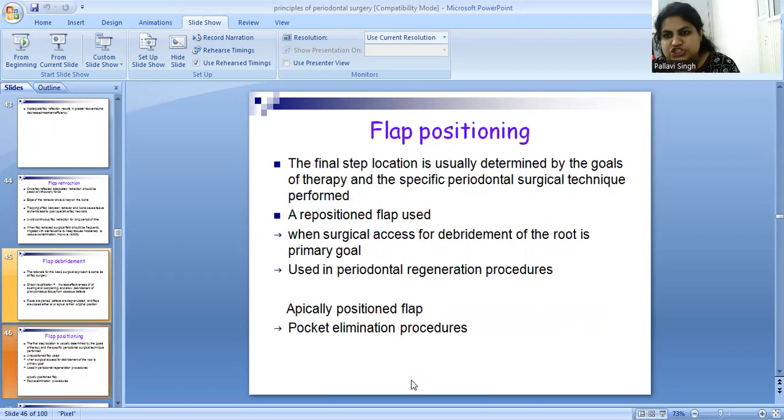Now the flap repositioning. The final flap location is determined by the goals of therapy and the specific periodontal surgical technique. A repositioned flap is used when surgical access for the debridement of the root is the primary goal. It is used in periodontal regeneration procedures. A tightly positioned flap is used for the elimination of pocket.